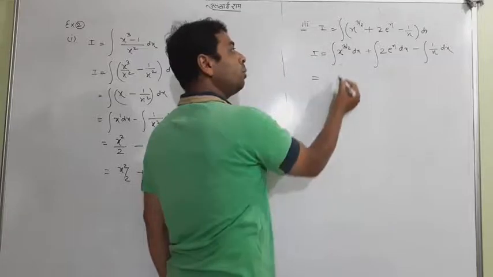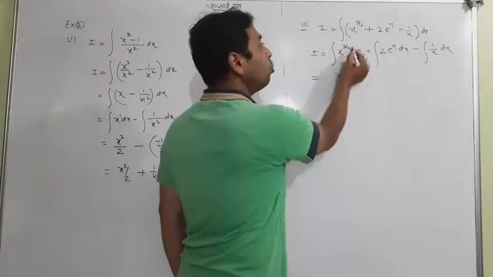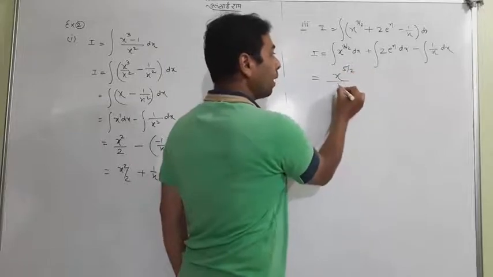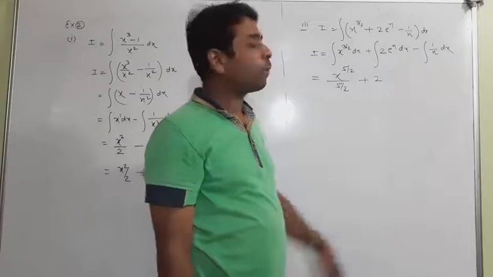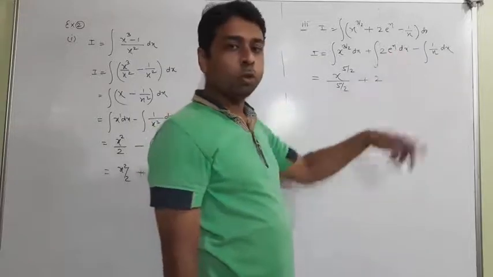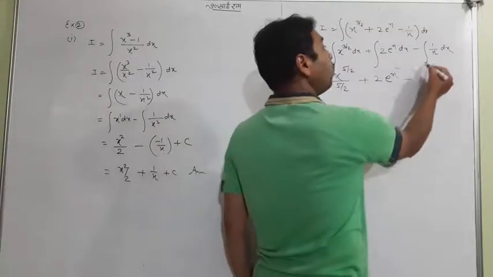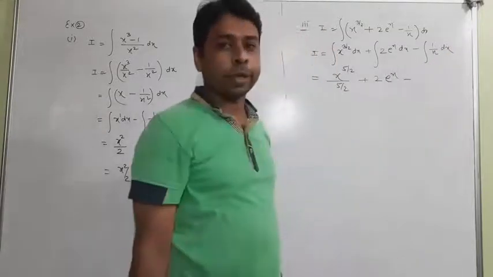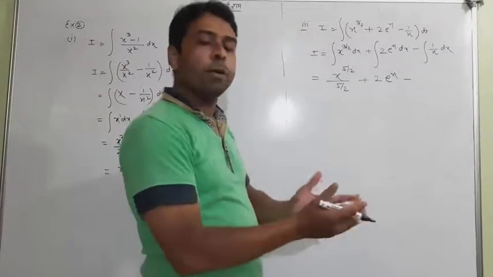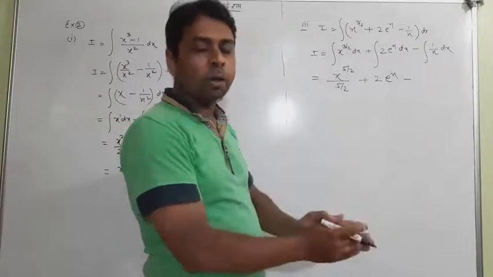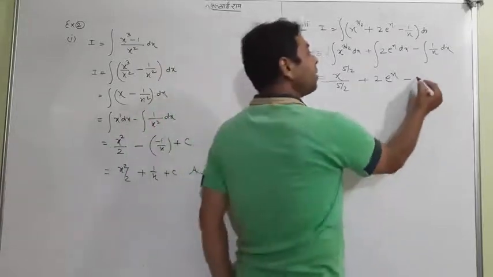Now x to the power 3 by 2, definitely it's a power form, so 1 will add in the power. So 3 by 2 plus 1 gives us 5 by 2, upon 5 by 2. Plus 2 is a constant value, it will come outside, so the rest is e to the power x. You know the integration of e to the power x is the same, and 1 by x has the integration log x. So please make a chart of the formulas, keep it in front of you and follow it. 1 by x has integration log x.